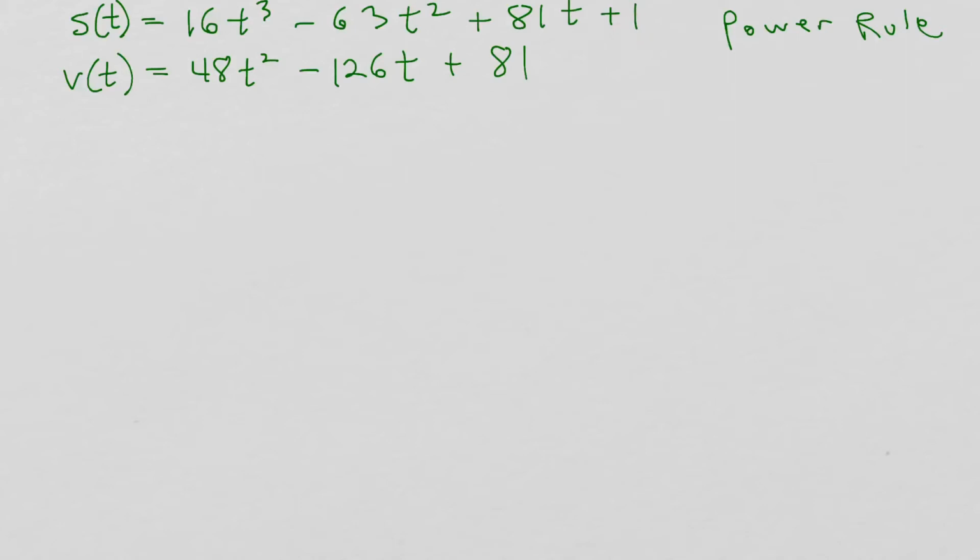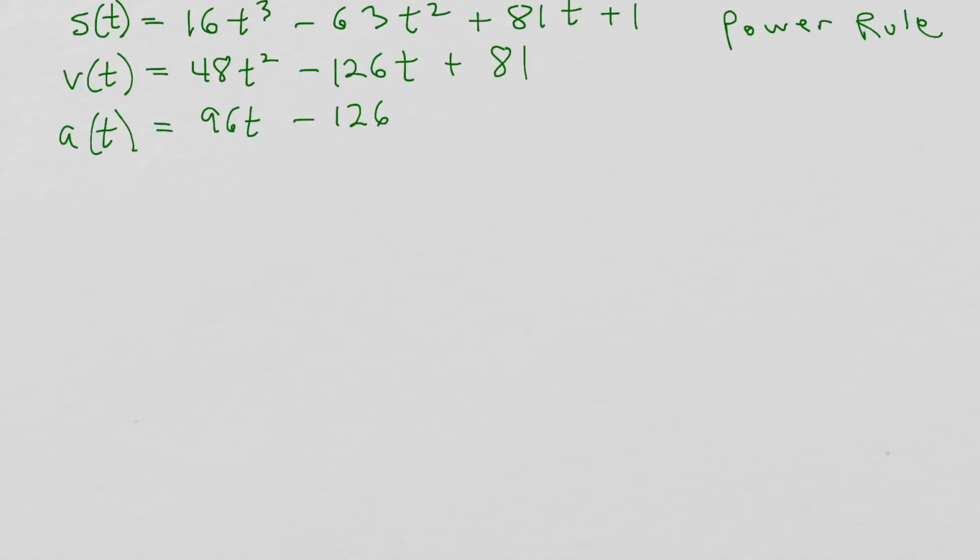Now to find a of t, I'm going to differentiate v of t. So I've got 2 times 48, that's 96, and then minus 126, t to the 0 power, which is 1. The derivative of the constant 81 is 0.